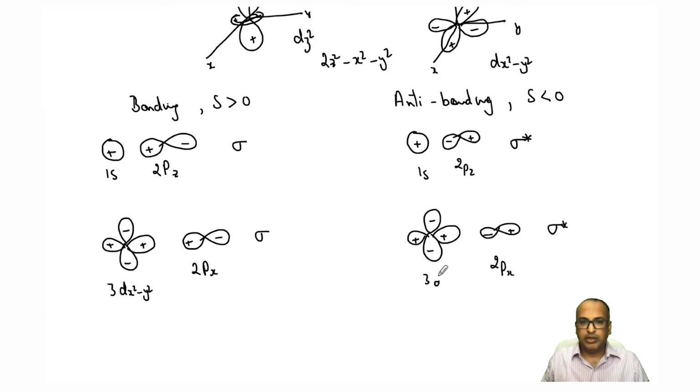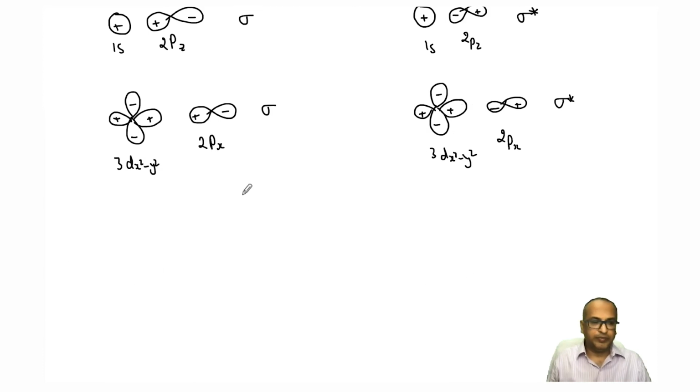2px, 3dx square minus y square. Okay. So similarly, these are sigma and sigma star. These types of interactions are symmetric with respect to C2, collinear with the internuclear axis.